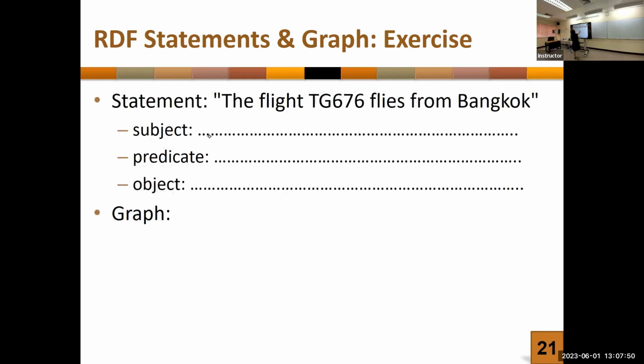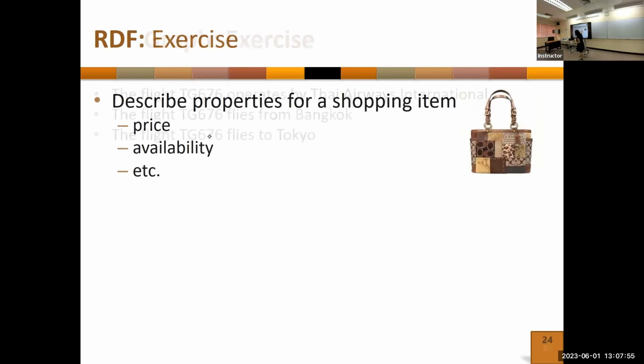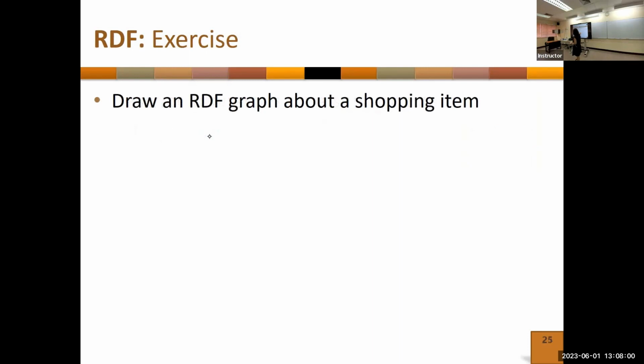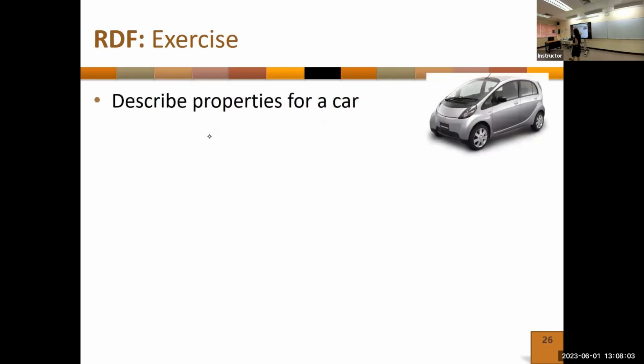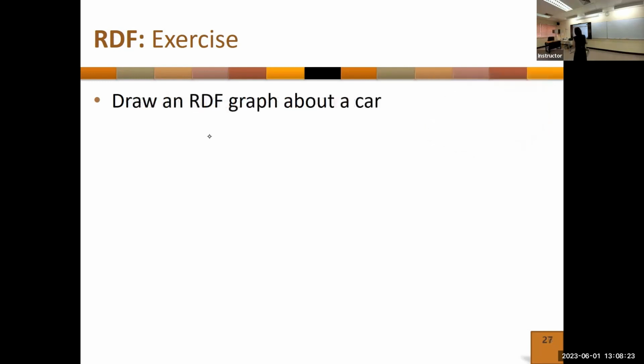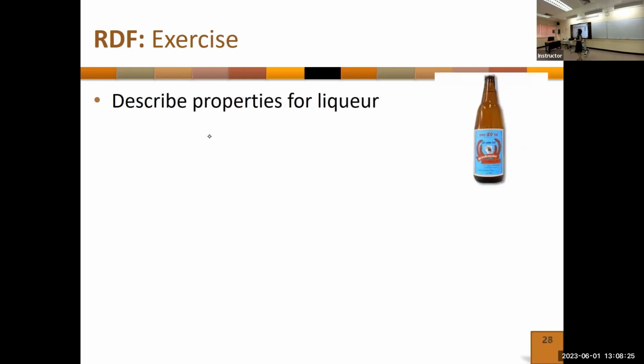And something else, another statement about airlines, and draw them. Maybe another thing about a shopping item, draw them, and even explain a little bit more. Some of the exercises I leave to your freedom. You can try to describe a variety of things about the size of the car, the horsepower, the engine, the color, or whatever. It is up to your imagination what you should describe. And next time we will see and share this.